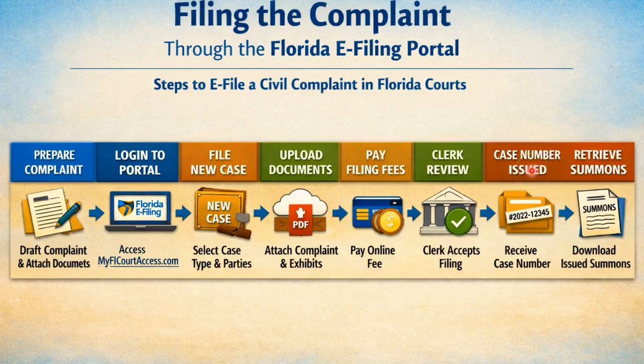If everything looks fine and you have all the documentation required, the case number will be issued, and then you retrieve the summons from the e-filing portal that has been basically electronically prepared based on the information that you've entered into the system.